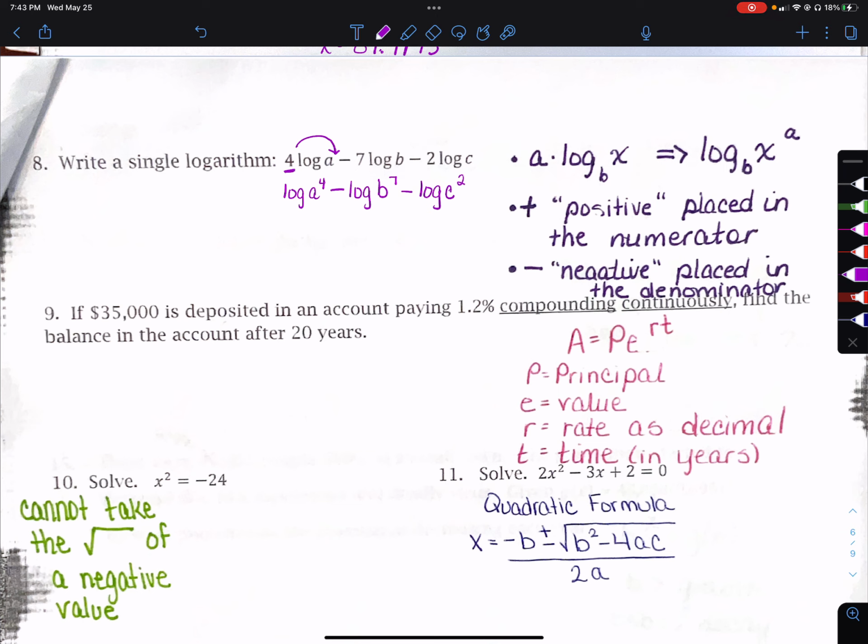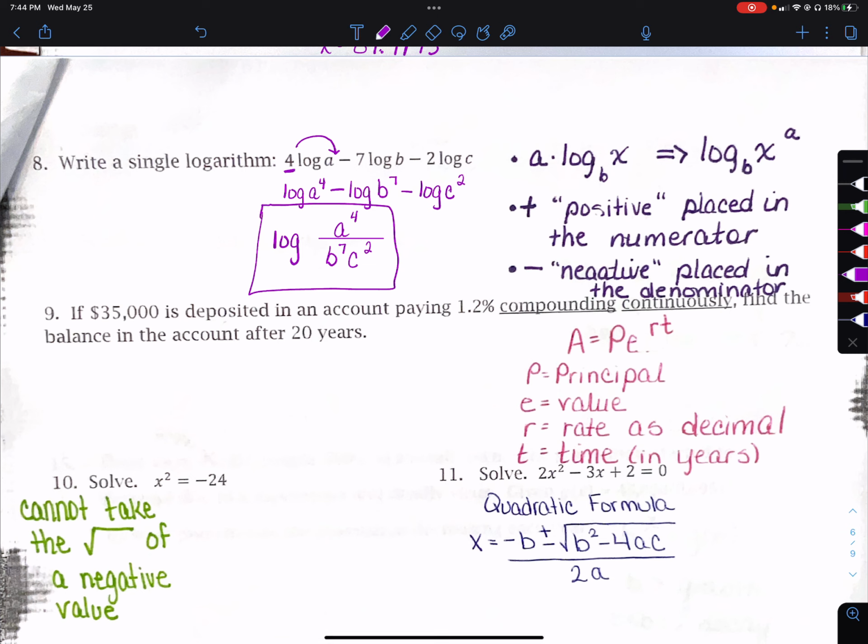If it's a negative, it's going to be placed in the denominator. That log base 10 is going to go out front. Okay. A to the 4th is going to go in the numerator. B to the 7th is going to go in the denominator. And C squared is going to go in the denominator. That there is our solution.